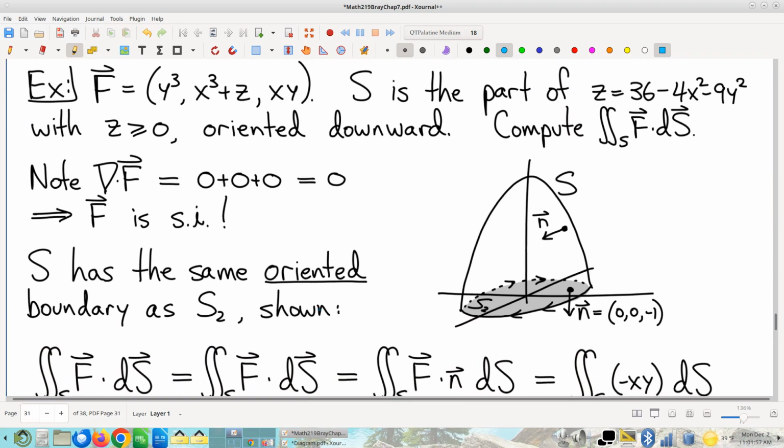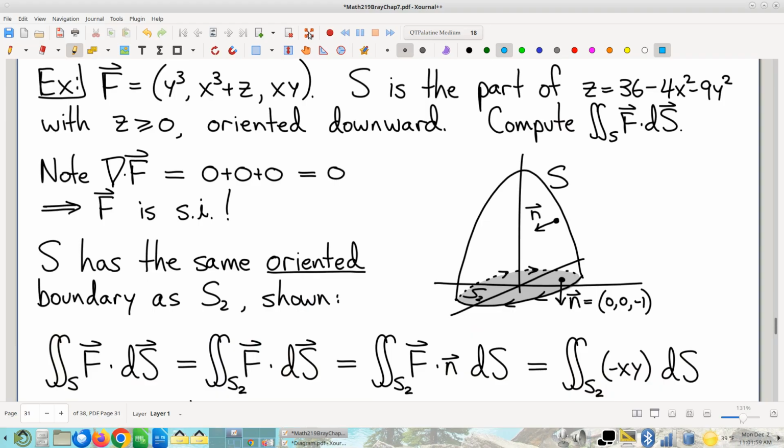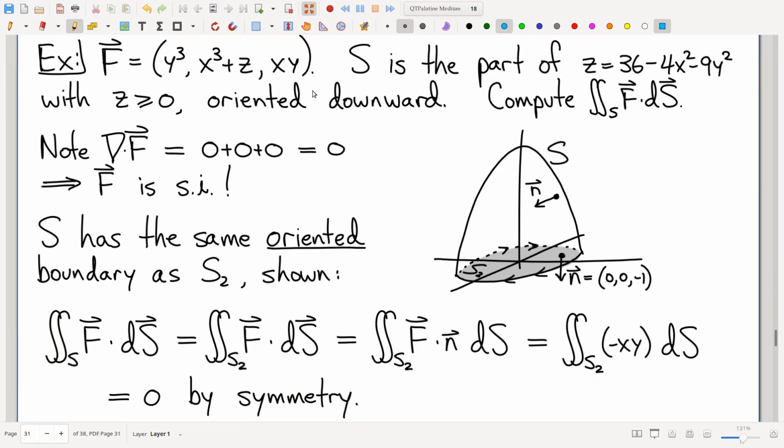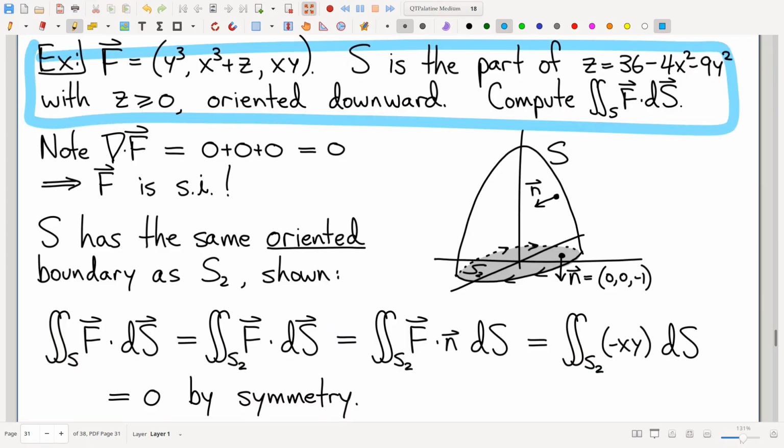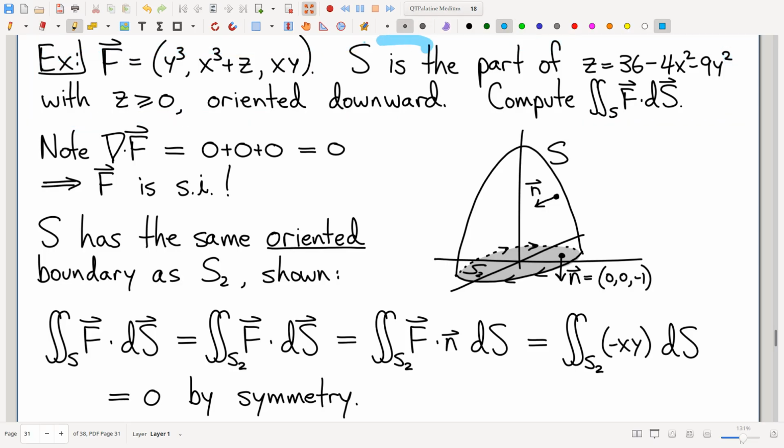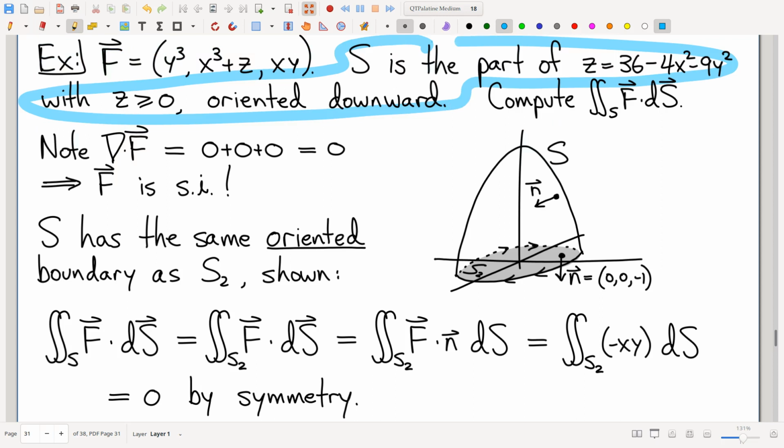Let's see how this works out with this example. So we've got here a vector field and a surface, and we want to compute a flux. Let me note that my surface here is part of this elliptical paraboloid.